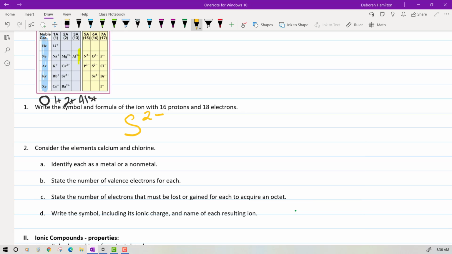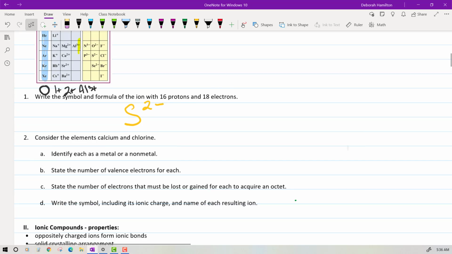If you looked up 16 protons, you found the sulfur symbol. Since it has 18 electrons, it gained 2 electrons to complete its octet, and now we have a sulfide ion.